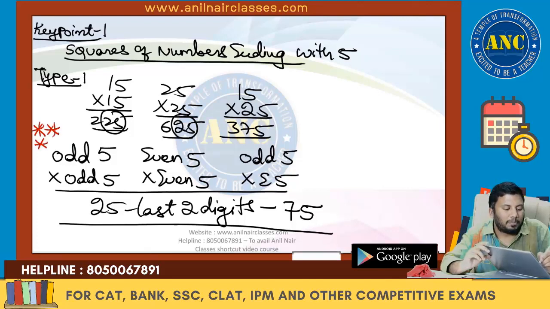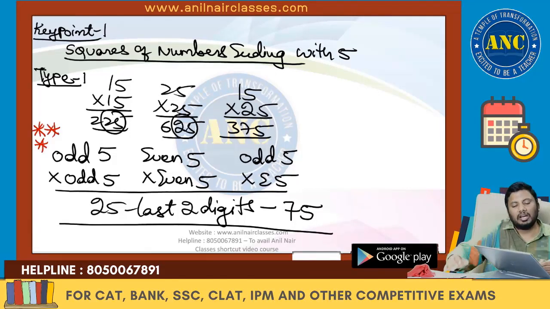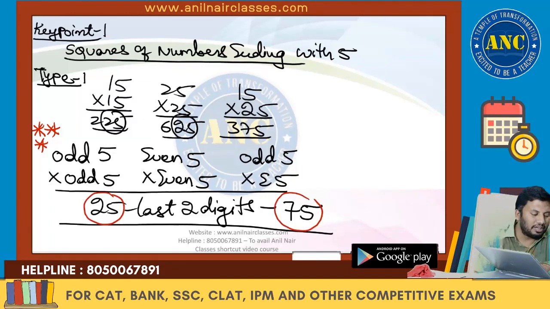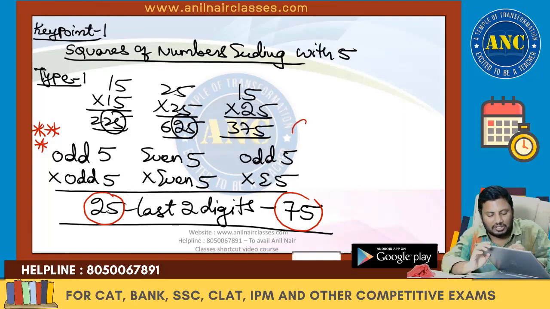Odd 5 into odd 5, 25. Even 5 into even 5, 25. Odd 5 into even 5, 75. This is the concept.